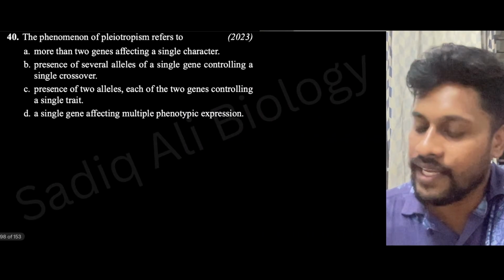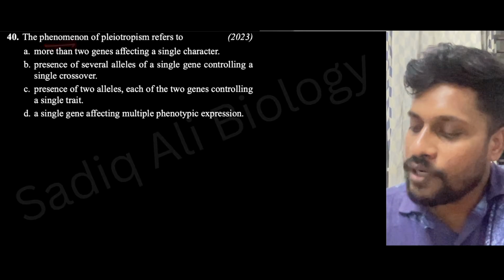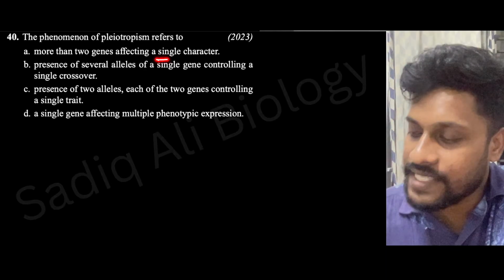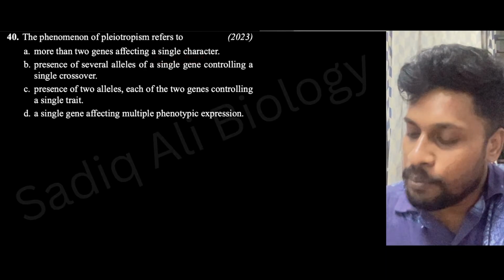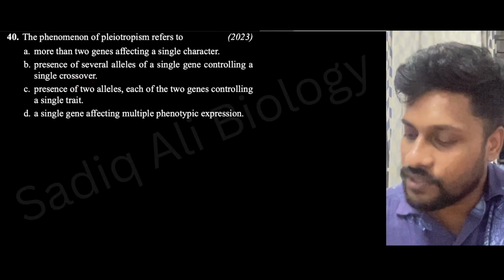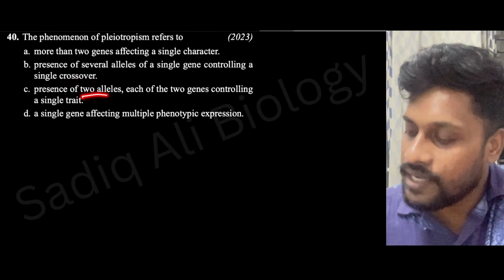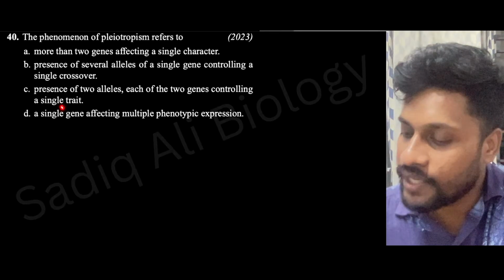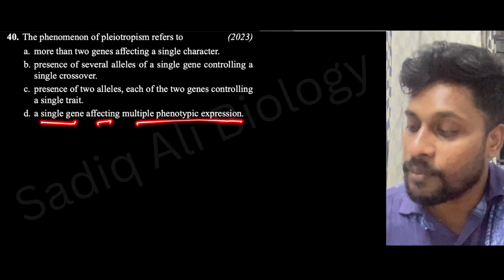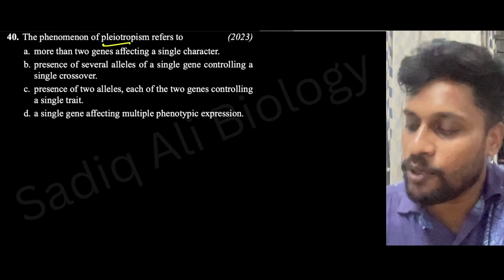Now guys, 40. The phenomenon of pleiotropism refers to: more than two genes affecting a single character, presence of several alleles of a single gene controlling a single character, presence of two alleles, each of the two genes controlling a single trait, a single gene affecting multiple phenotypic expression. What is pleiotropy?